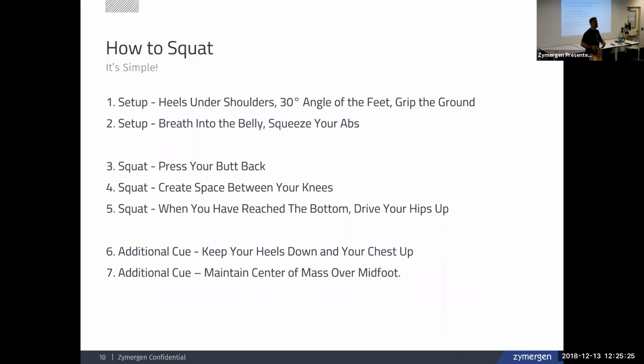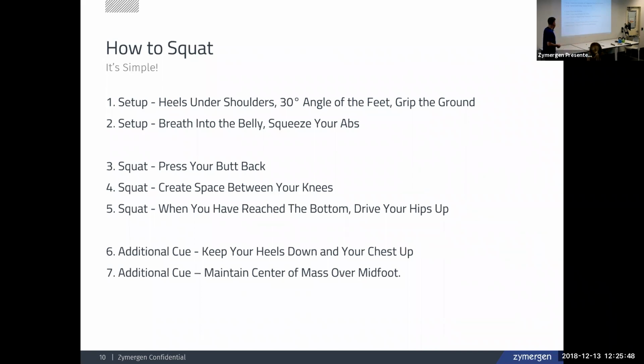For breathing, I would like you to breathe into your belly and squeeze your abs. That's called the Valsalva. That increases the intra-abdominal pressure, which stabilizes your spine. And a squat, really, if we're going to do it with that full extended spine, keeps the spine straight.